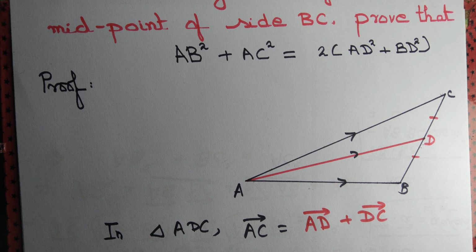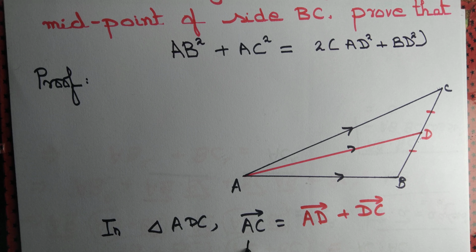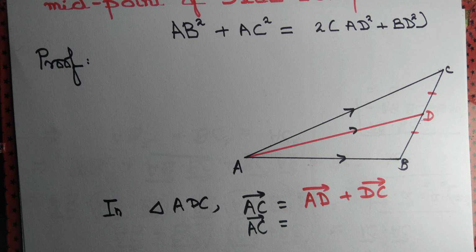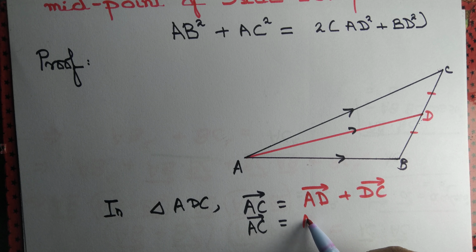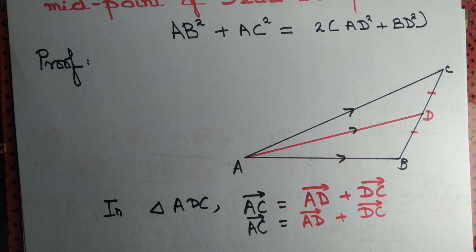Now if we take dot product with itself, so let's write AC equal to AD plus DC once again. AC equal to AD plus DC. So let's take dot product of those two quantities.